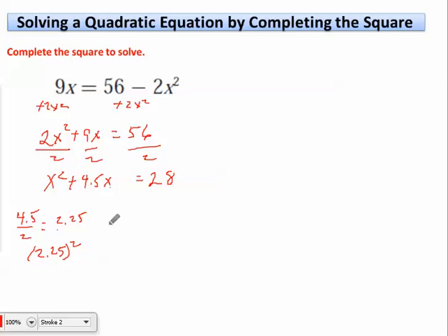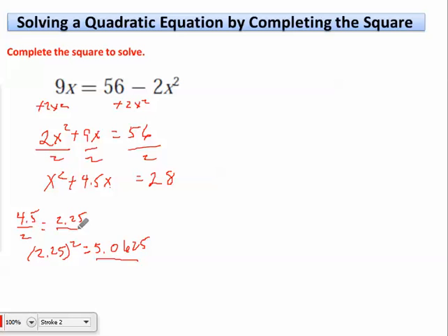And I don't have it right in front of me, so I'm pulling up my calculator. 2.25 squared gives me 5.0625. Okay? So that's what I'm going to be adding to both sides of the equation.